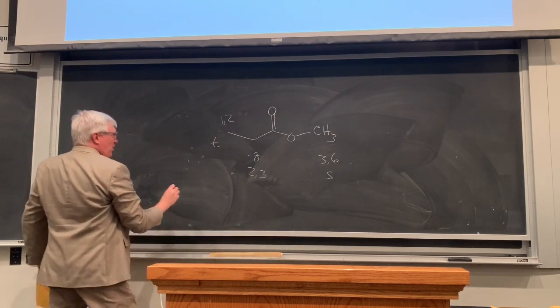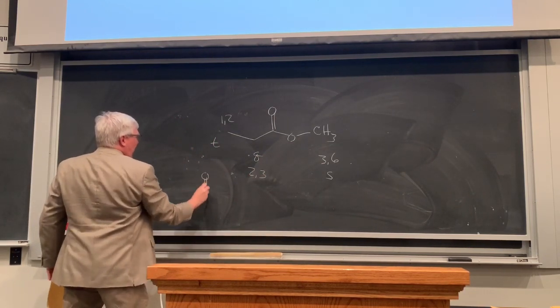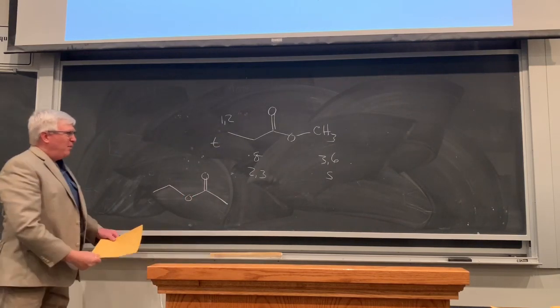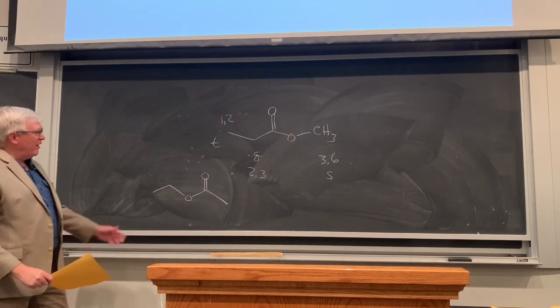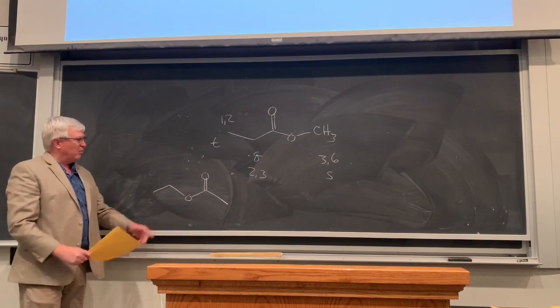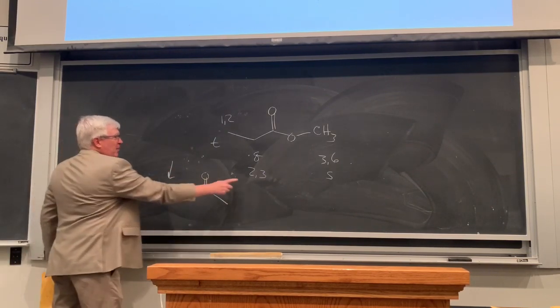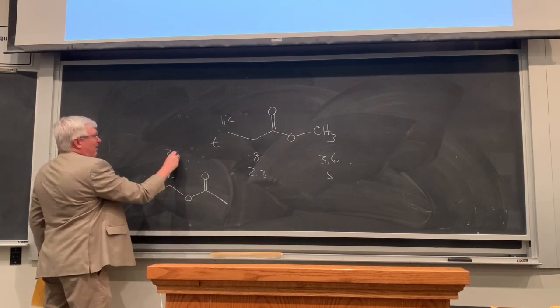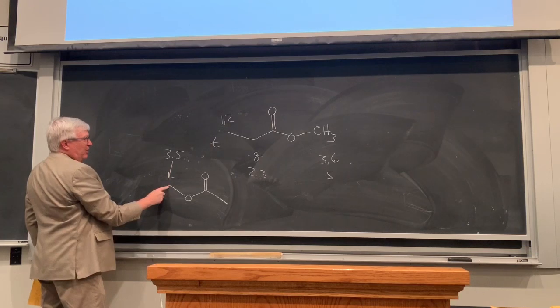So what you may have tried to do here for this molecule is maybe this. Very similar, those two esters, right? But notice the ethyl group here on the alkoxy oxygen part. So instead of being at 2.3, this one would now be what? At 3.5 or 4. So that's much higher now.